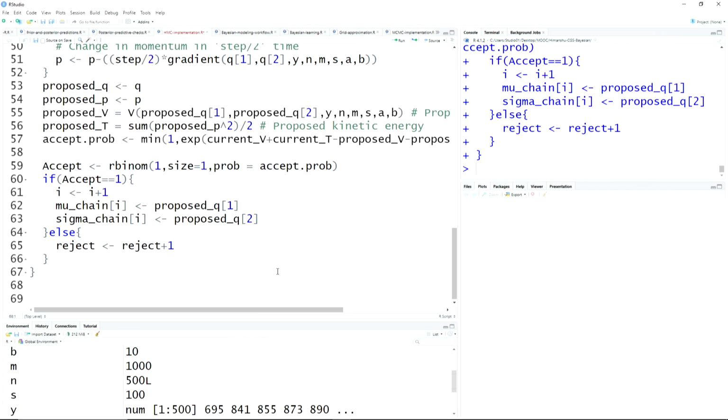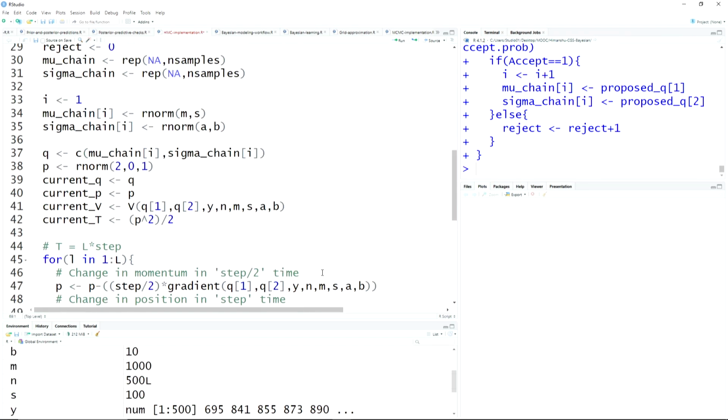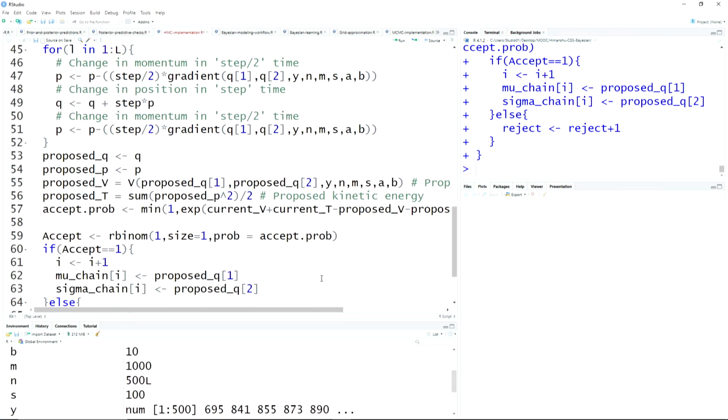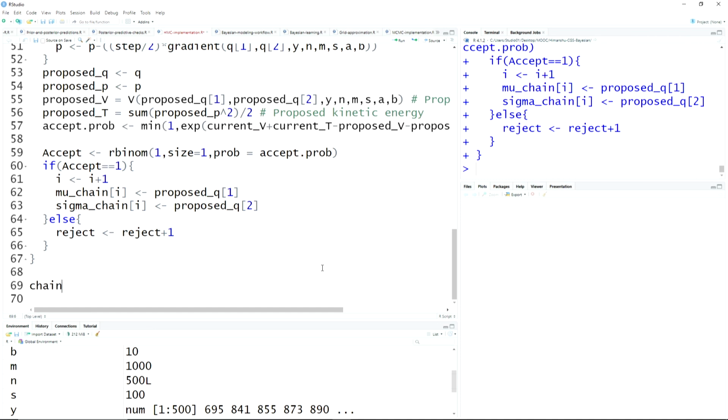So now let us define number of samples equal to 5,000 or so. Let us just run this sampler. Okay, so chain 1. Oh, I haven't written the return function, which I should write here.